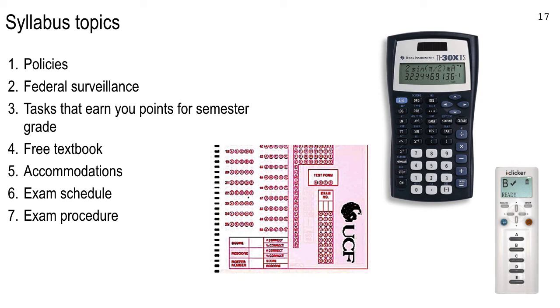And if you forget your regular calculator, like that one up there, $15 at Walmart or Kmart or the bookstore, and you can't use your cell phone, you're down to pencil and paper. It won't kill you. You should be all right.